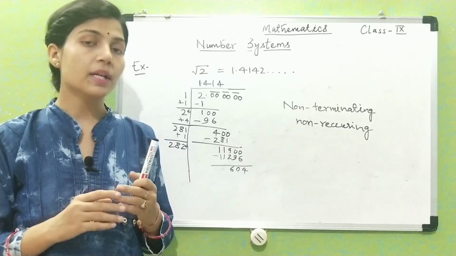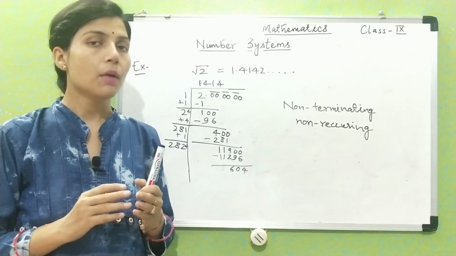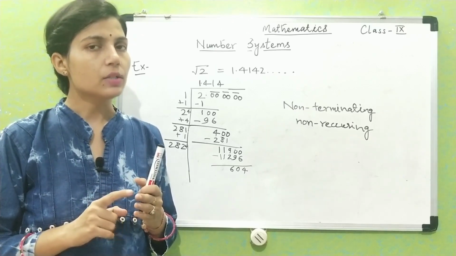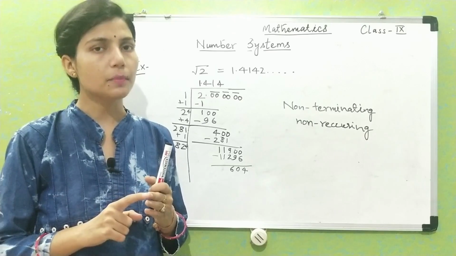And the decimal expansion of an irrational number will be non-terminating as well as non-recurring, meaning non-repeating.